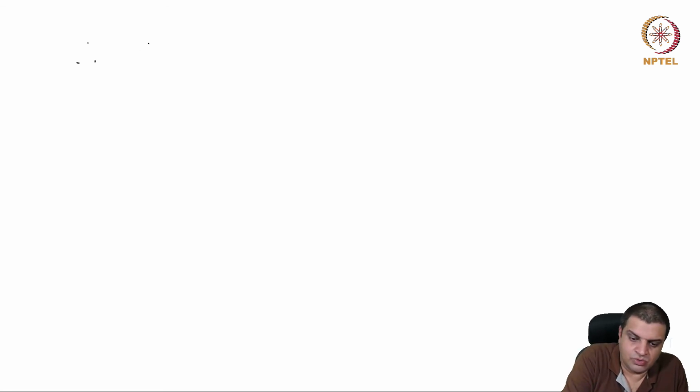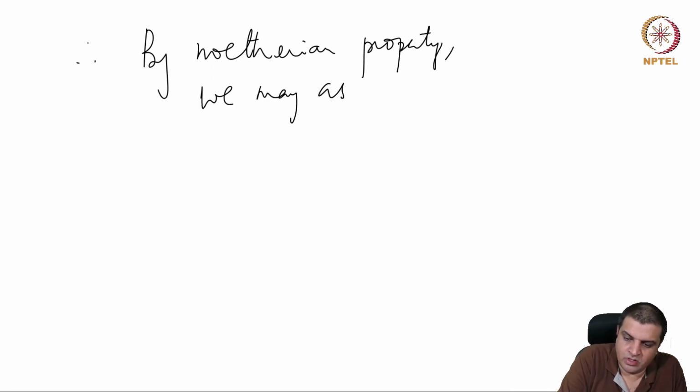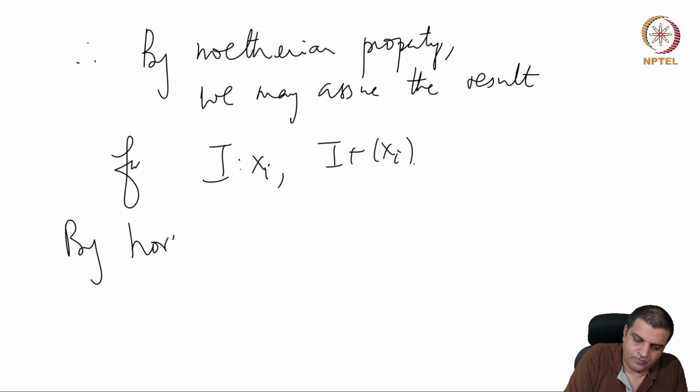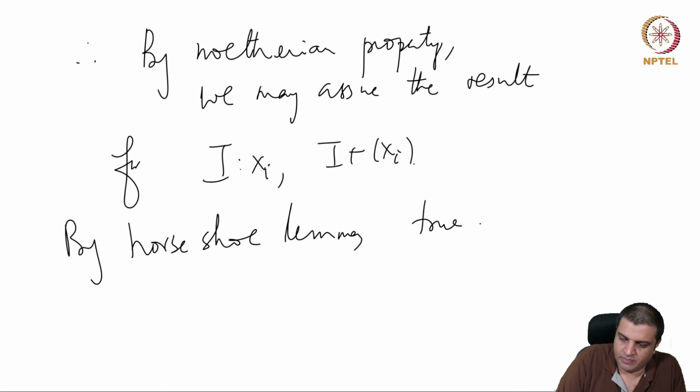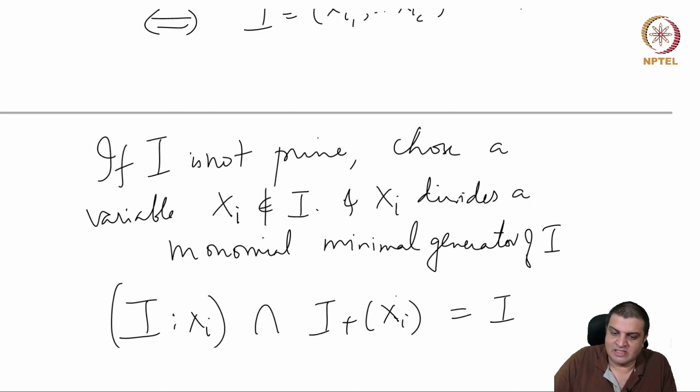So by the Noetherian property, we may assume the result for I colon xi and I plus xi, and by the Koszul lemma it's also true for I. This argument worked precisely because I is not prime.